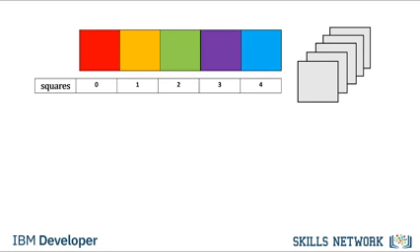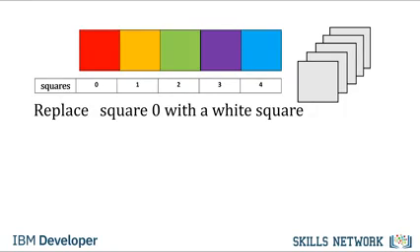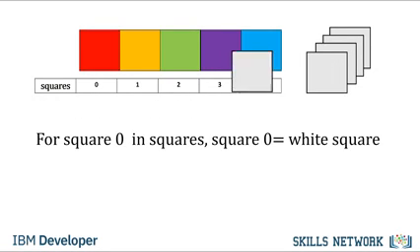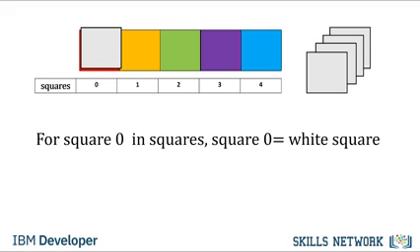Let's give each square a number to make things a little easier, and refer to all the group of squares as squares. If we wanted to tell someone to replace square 0 with a white square, we would say, replace square 0 with a white square. Or we can say, for square 0 in squares, square 0 equals white square.